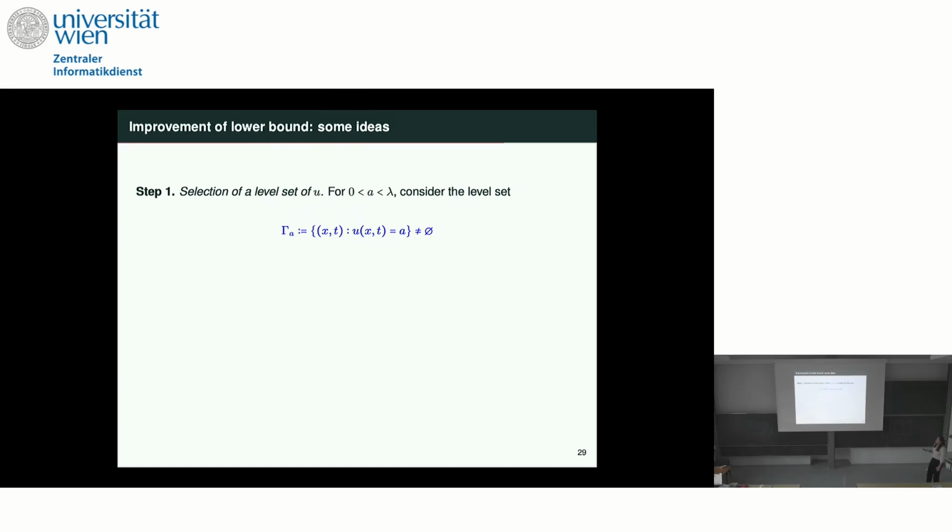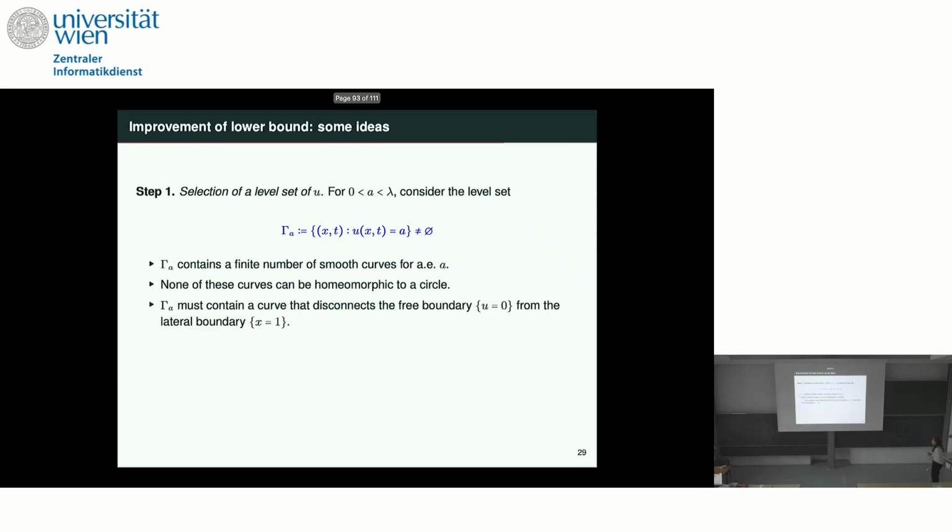So we're going to fix an A level set. Okay, we know this set is non-empty because u is 0 here, and it's greater than lambda here. Okay, so there has to be an A, so this will be non-empty. We also know that this set will contain a finite number of smooth curves, and by the strong maximum principle, they cannot be homeomorphic to a circle. Okay?